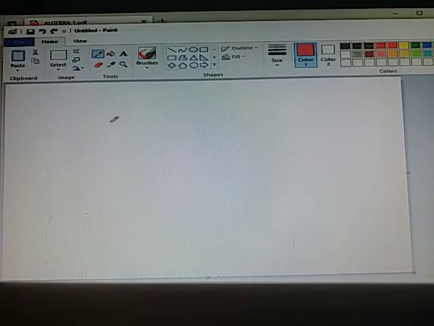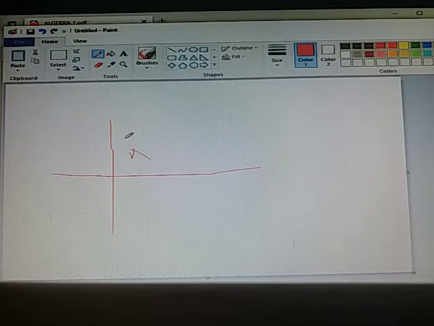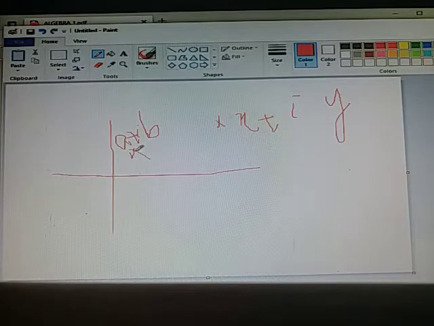If it is a complex plane, this is say a plus ib, and this is some z, x plus iy. So the distance between them. Here this is z, and this is 3, meaning the point 3 plus i0.